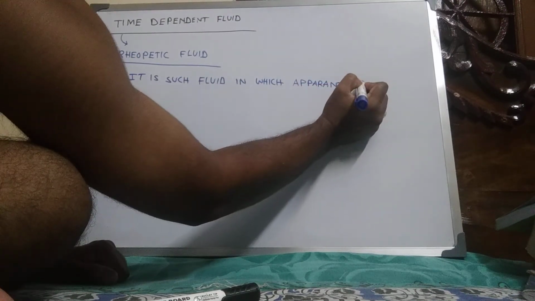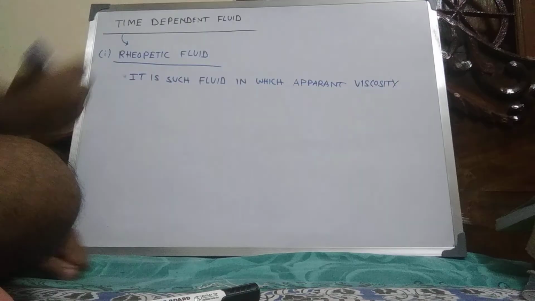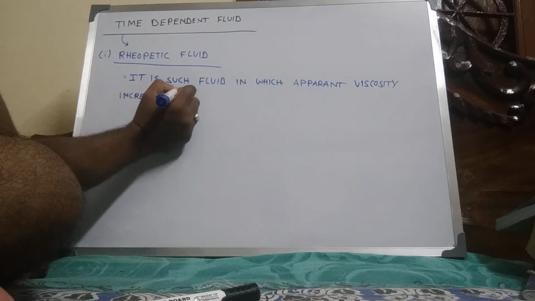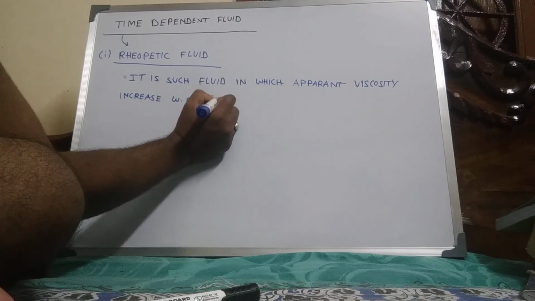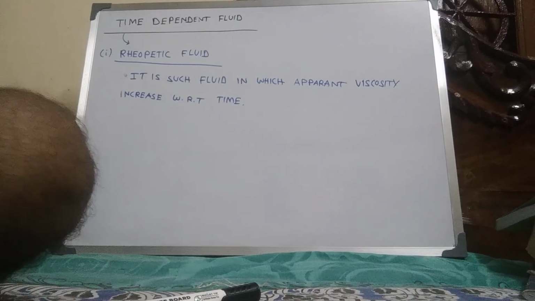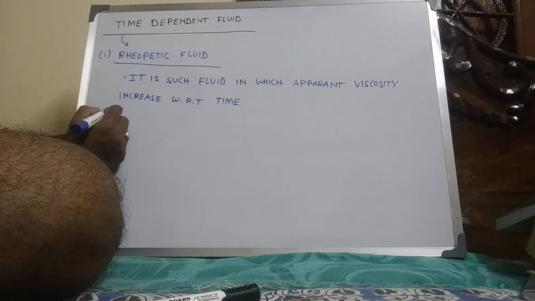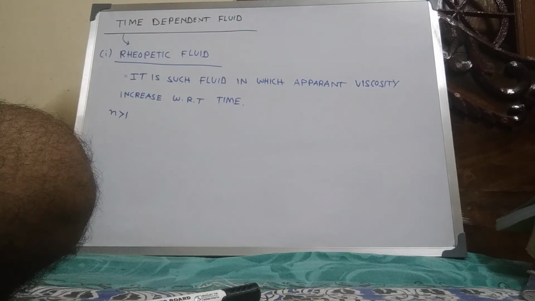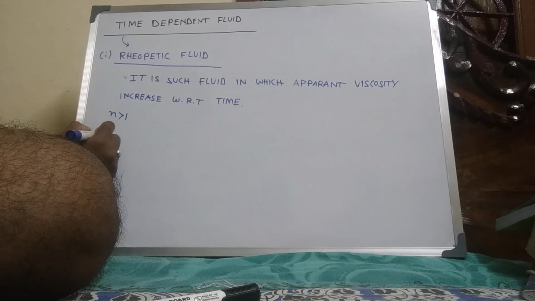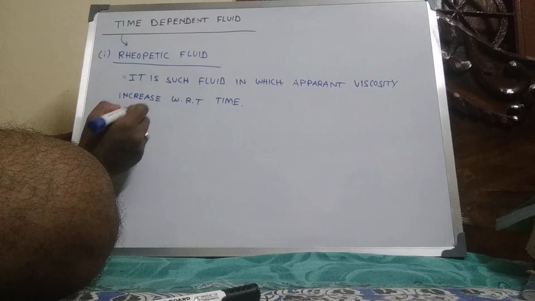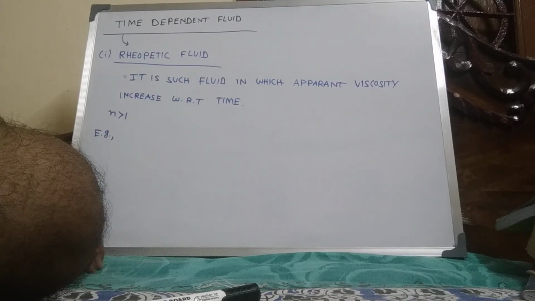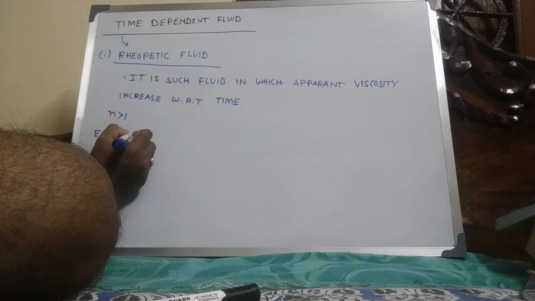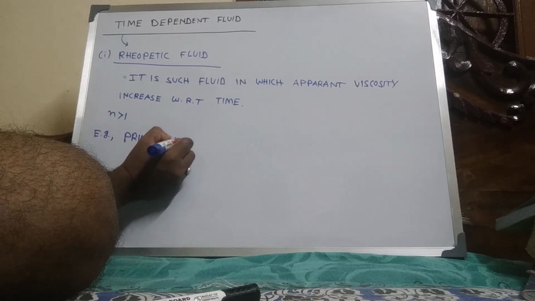Apparent viscosity increases with respect to time, and the flow index is greater than 1 for rheopectic. An example is printer ink.